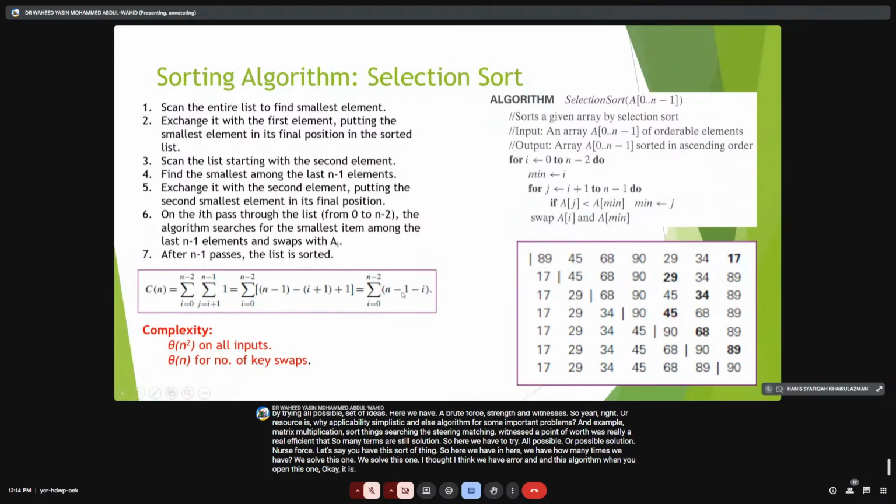Okay, it is n squared minus n divided by 2. Here the complexity is theta n squared on all inputs for the number of key swaps.